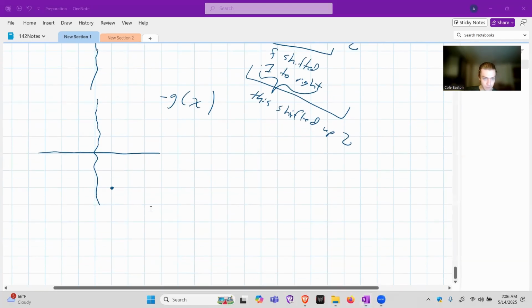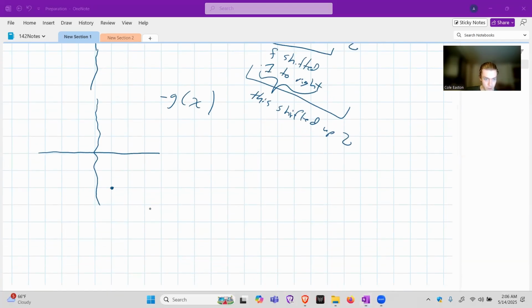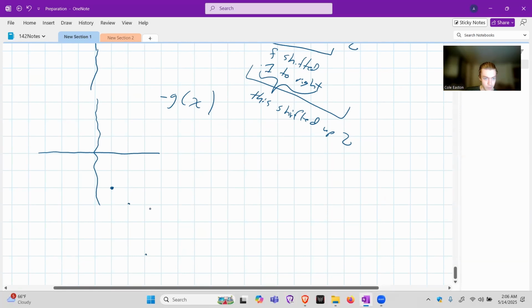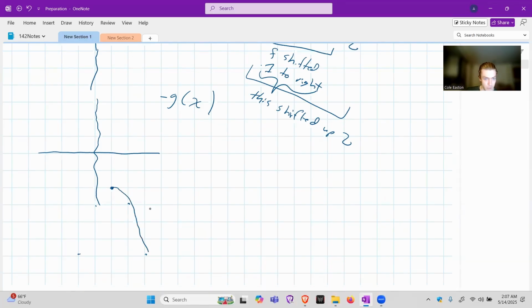And then we're going to basically draw our parabola coming down this way. Okay, so that's this.